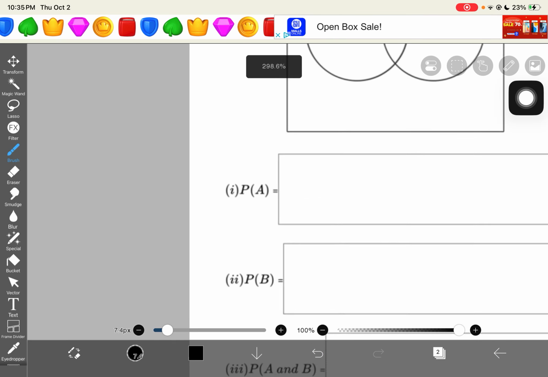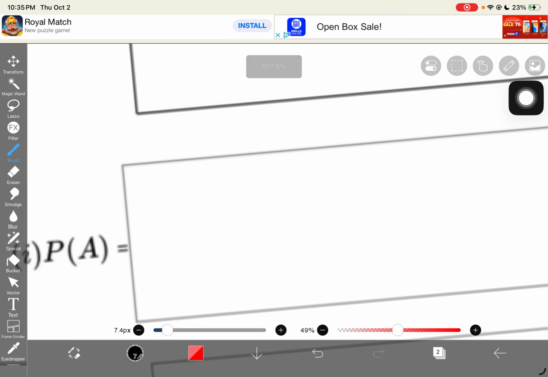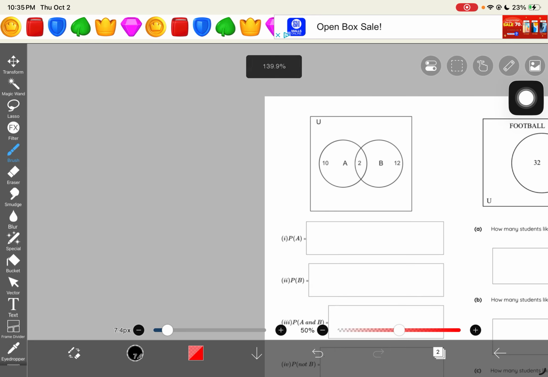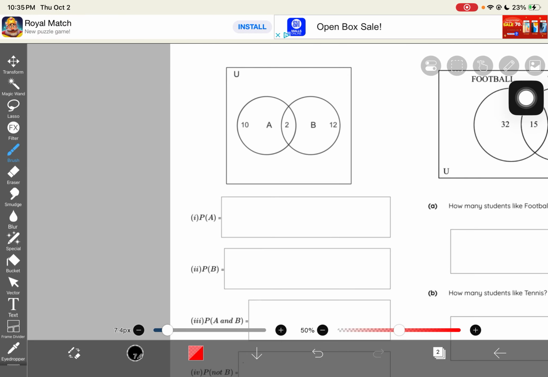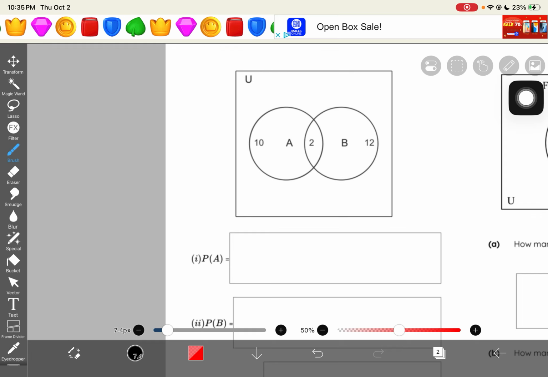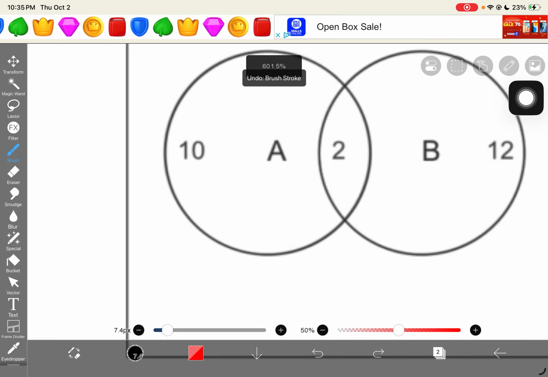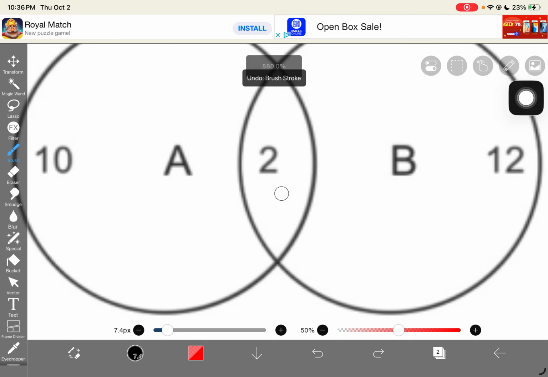So first and foremost, let's use a different colored marker so you can see, and I'll lower the opacity. The question is to find the probability of picking an event that's within this set. So there's 10 entries at A, and then we have 2 entries in the middle.